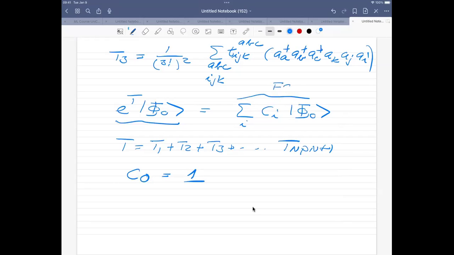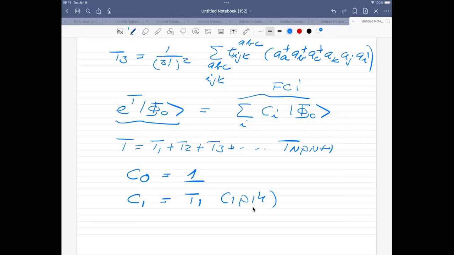We want these to represent the same information, because coupled cluster theory, if I include all types of excitations up to n-particle n-hole, should be equivalent to a full FCI calculation. It means that C1 here, which we had before, should be the same as T1, which is a one-particle, one-hole excitation.